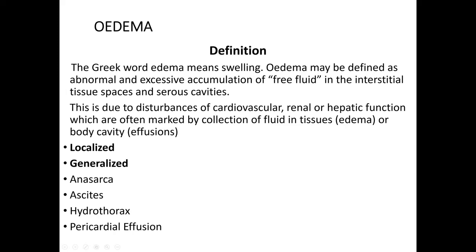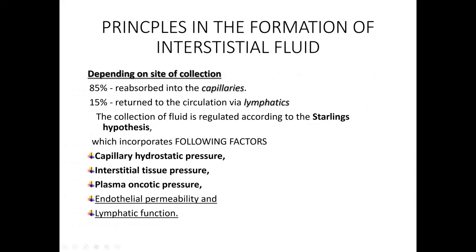is localized. Now, there are certain principles in the formation of interstitial fluid, depending on the site of collection. 85% is reabsorbed into the capillaries, and 15% is returned to the circulation via lymphatics.